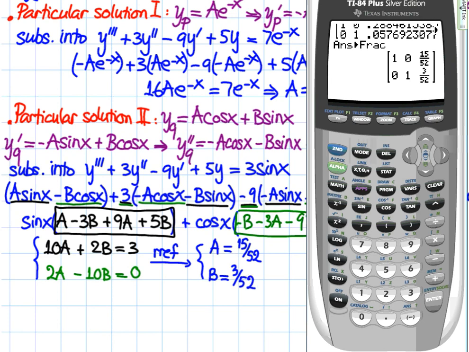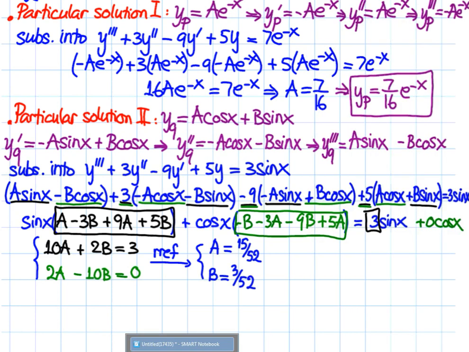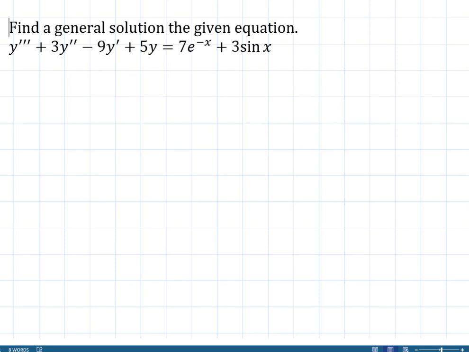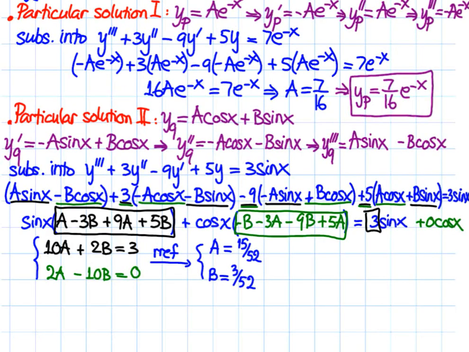All right. And then we can say the particular solution is equal to 15 over 52 cosine x plus 3 over 52 sine x.